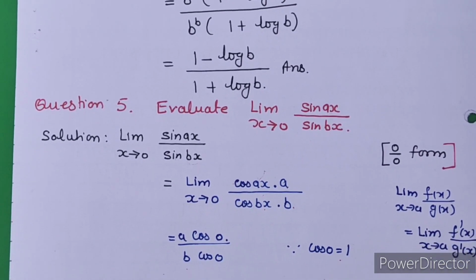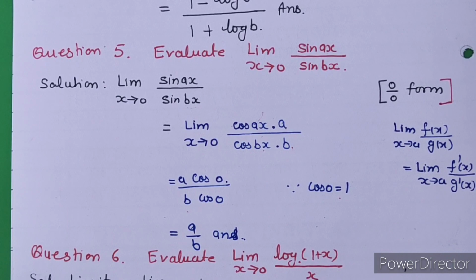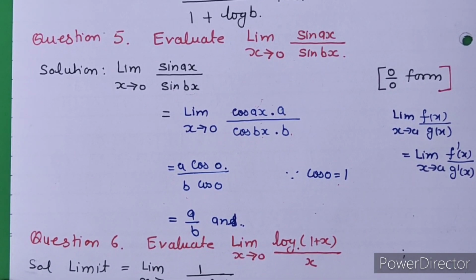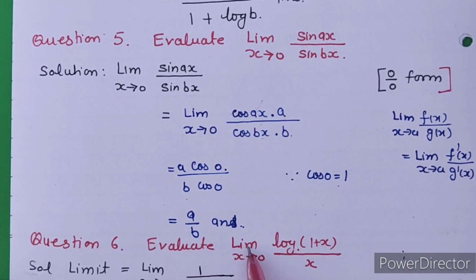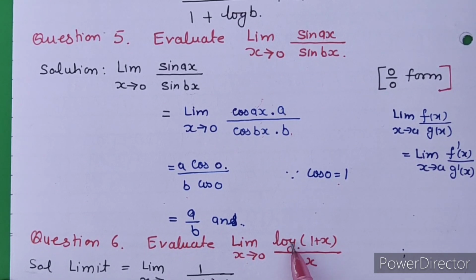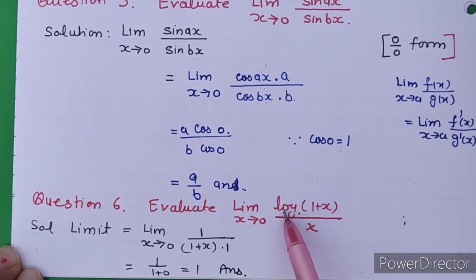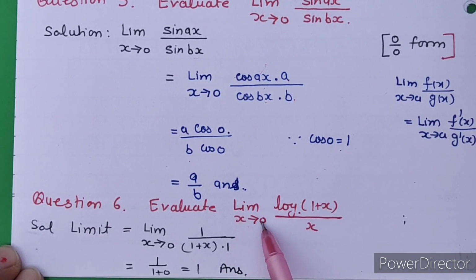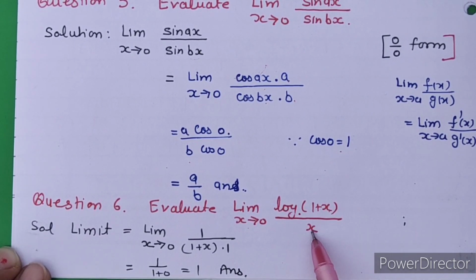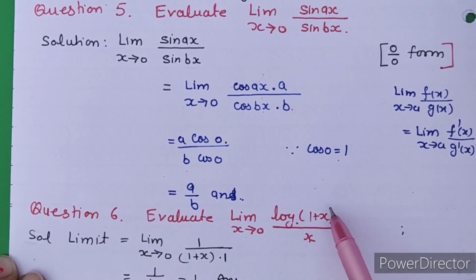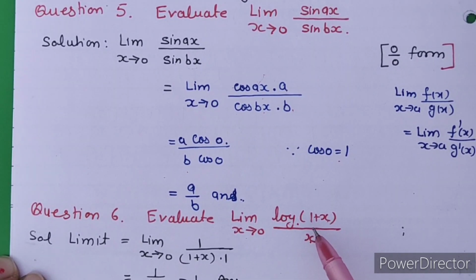Okay, similarly there is one important question, a simple question. Evaluate the limit x tends to 0 of log of 1 plus x over x. This is the formula of limit directly.